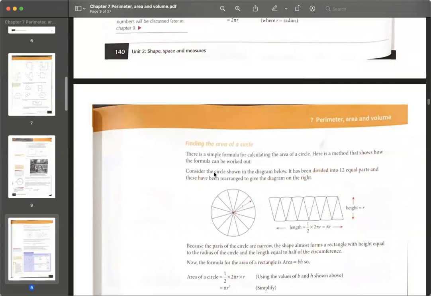So what happens is that they drew a circle and then they cut them out into these pieces here. Okay. So what happens is that once they cut it out, they actually figure out that the height here is the radius, and then the length here is half of 2 pi r. So they found out the formula to calculate the area is actually they just sort of make it into like a rectangle.